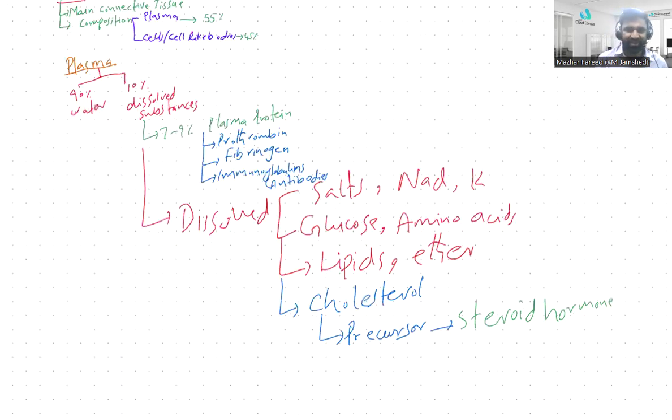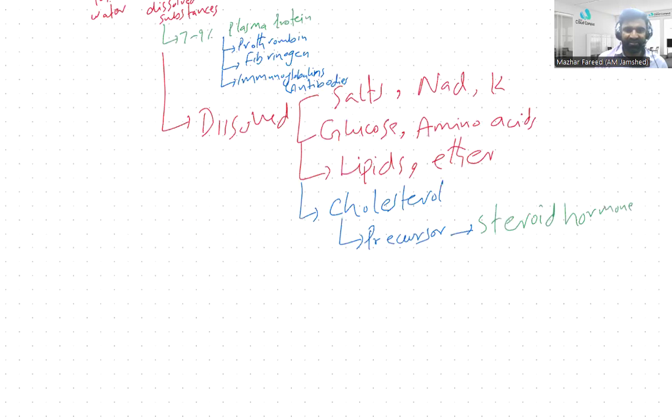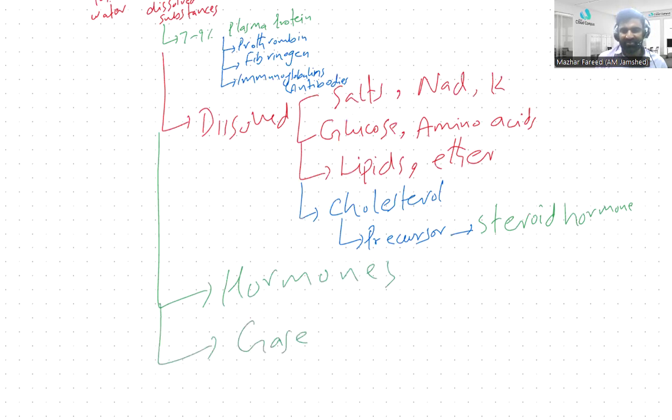It also transports hormones. It also transports gases. These gases are oxygen and carbon dioxide, which are mostly present in the liquid portion of the plasma.